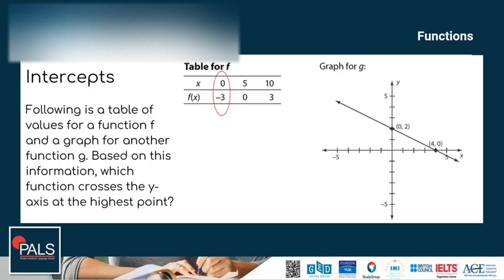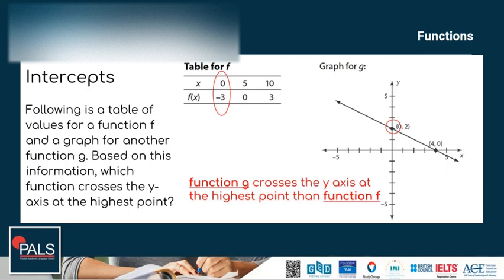From the table, when x is 0, the function is -3. Then looking at the graph, when x is 0, the value of the function is 2. So therefore, function g crosses the y-axis at a higher point than function f.